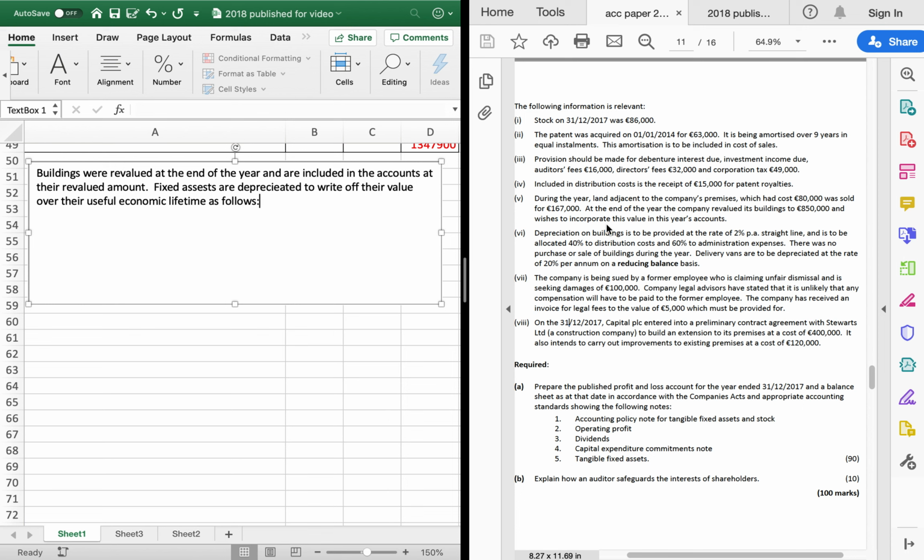So that's what you write. So that's what depreciation is. So depreciation is writing off the value of fixed assets over their useful economic lifetime.